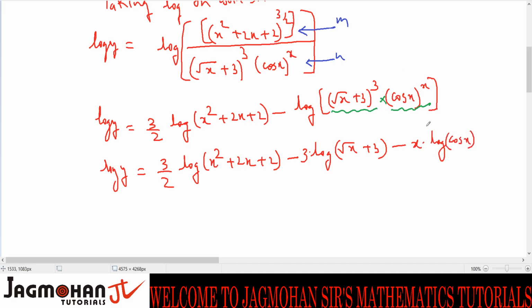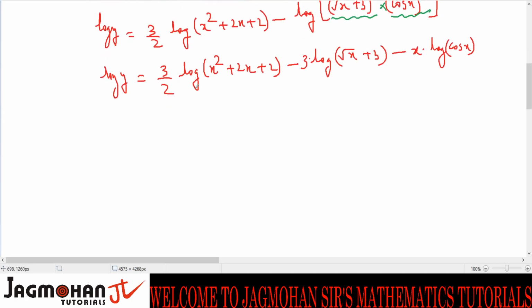This power will become the coefficient. When you write log of cos x raised to x, this becomes the coefficient. Okay, that way it works. So next step, now I understand, it has become much simpler for differentiation. So I write here, differentiating on both sides with respect to x.